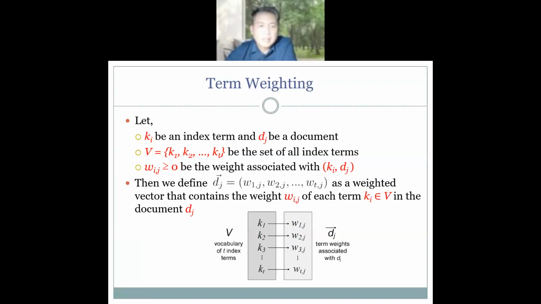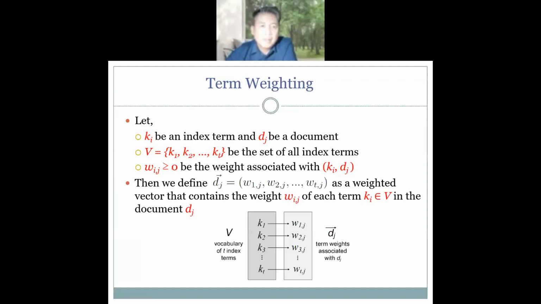For instance, if we have keyword I as an index term in document J, we have a vocabulary of up to T, where T is the number of unique keywords that you have.